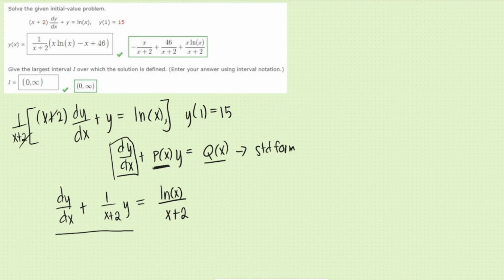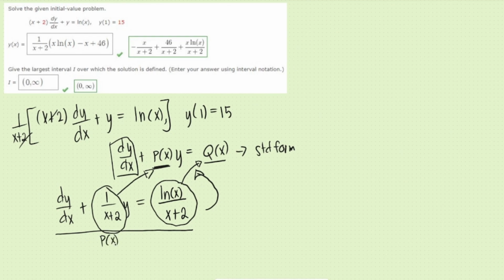So now this is the same as our standard form. We can see that this here is our p of x, and this here is our q of x.